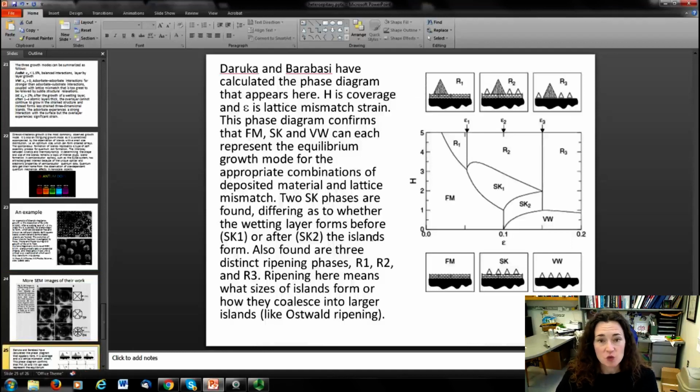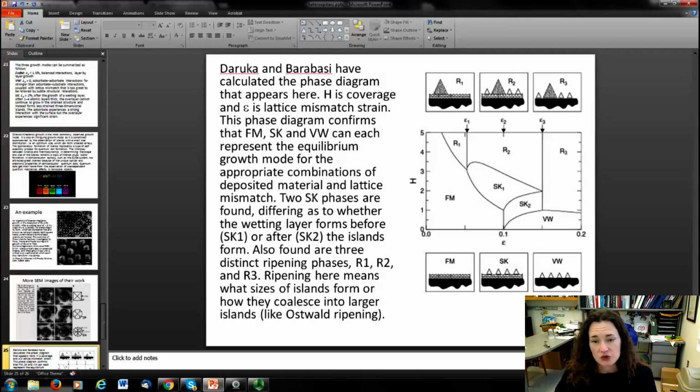Now, there's been some work done to calculate the phase diagram of this system. And here in this plot, they plot H, the coverage, versus lattice mismatch in fractional or decimal form. The phase diagram confirms that Stranski-Krastanov (SK) growth, Volmer-Weber growth, and Frank-Vandermeer growth can each represent the equilibrium growth mode for an appropriate combination of deposited material and lattice mismatch.